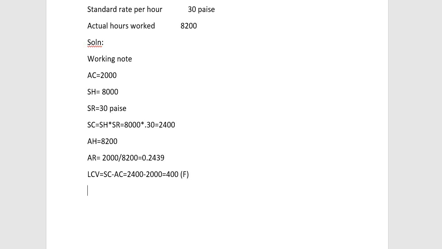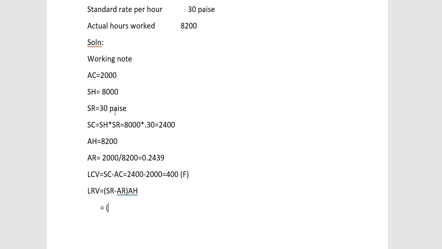Next is labor rate variance. Labor rate variance equals standard rate minus actual rate, multiplied by actual hours.